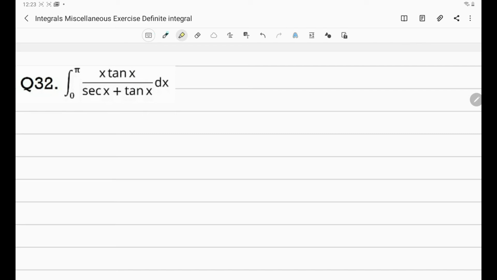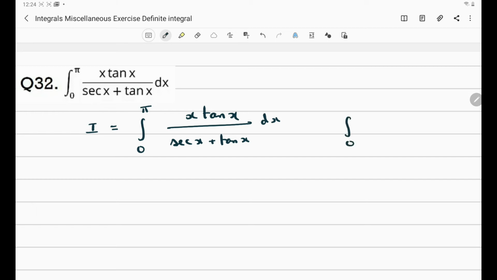So let us consider I is equal to integral 0 to pi x tan x by secant x plus tan x. So our first target is to eliminate this x using the properties. The property which we are aware of is integral 0 to a f of x dx is integral 0 to a f of a minus x dx.